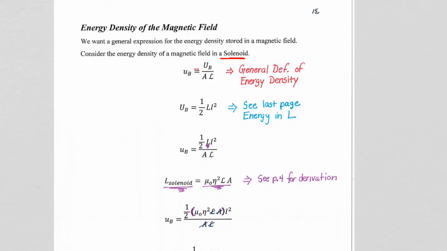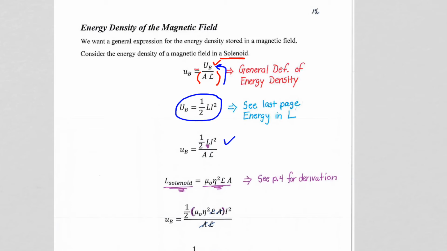The volume of the solenoid is the cross-sectional area times the length of the solenoid. The energy in the solenoid at any instant in time for a given current we just calculated was 1/2 L I squared, so we would substitute that in here and get our expression down here.